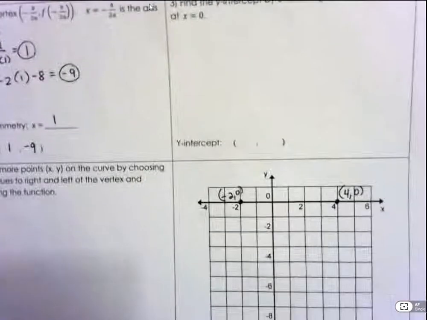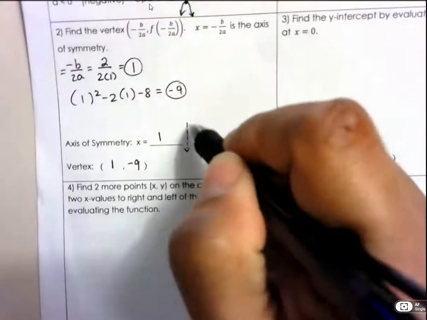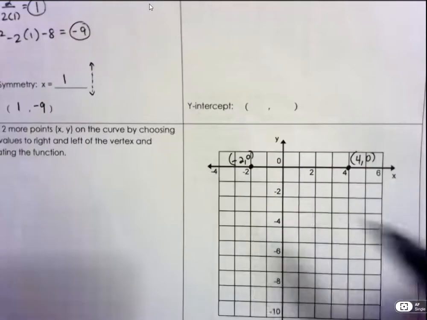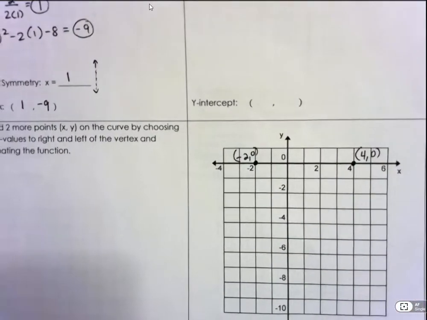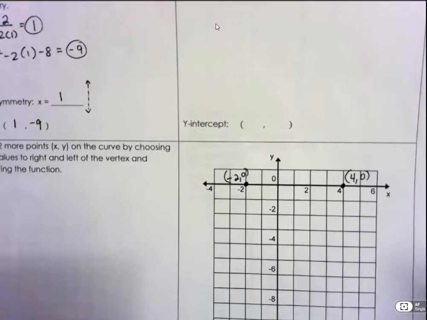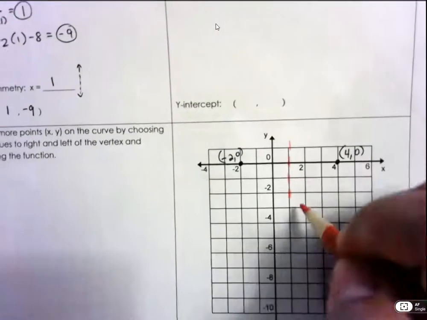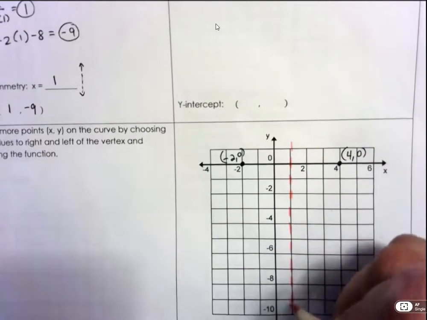Alright, let's go ahead and plot this information. The axis of symmetry is going to be a dashed vertical line at x equals 1. Let me get a color pencil for this. Alright, x equals 1. I hope you guys can see this. I'm making a dashed line.